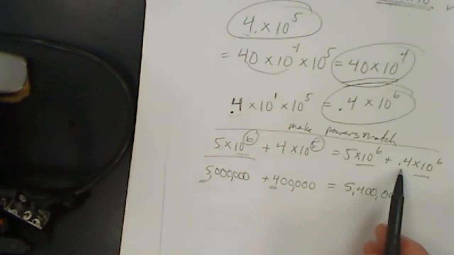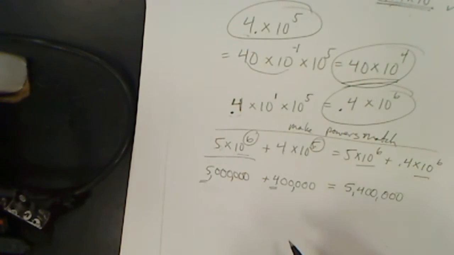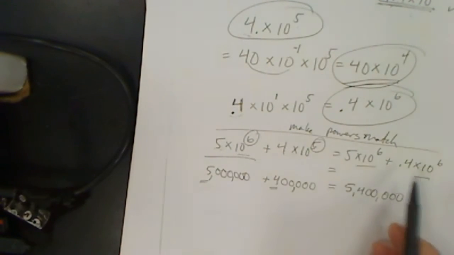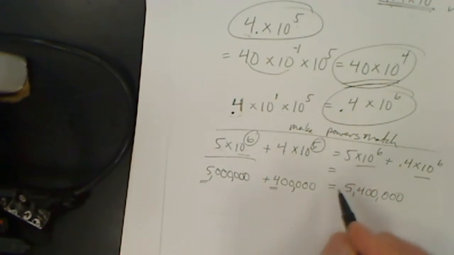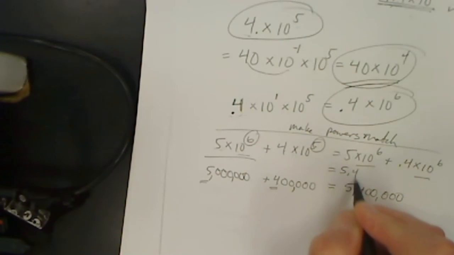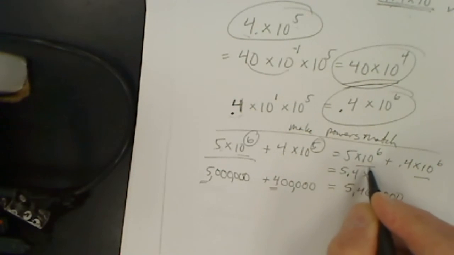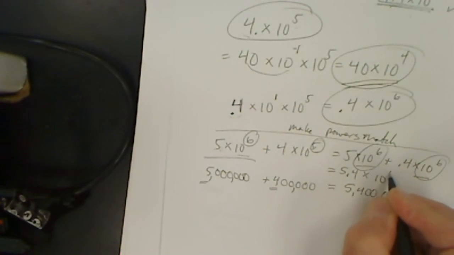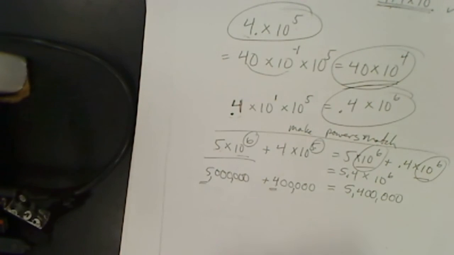What's 5 plus 0.4? Yes, 5.4. And then the power is the same for both of them. You bring it and put it together with the next one, okay?